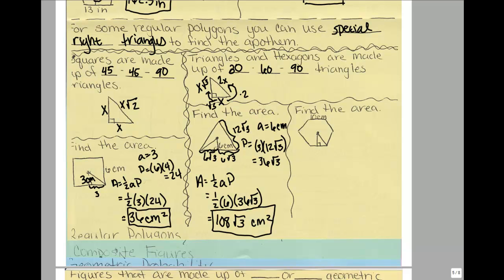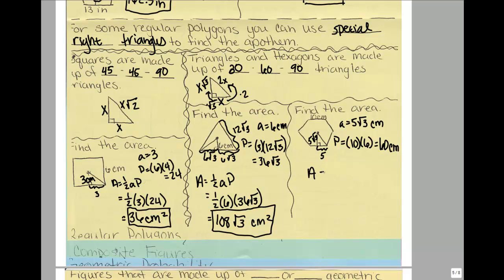This hexagon, we know that one whole side is 10, so this little piece here, which is the short side, is 5. So that means that my apothem is 5 times the square root of 3. So A is 5 times the square root of 3 centimeters. And my perimeter is 10 times a total of 6 sides, which is 60 centimeters.